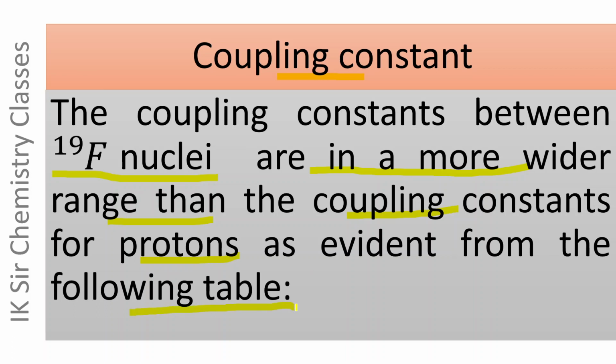The interaction between two F-19 nuclei takes place to a greater extent than the interaction between two protons, and it results in the fact that the coupling constants between two F-19 nuclei are in a more wider range than the coupling constants for protons, and this fact is evident from the table given on the next slide.